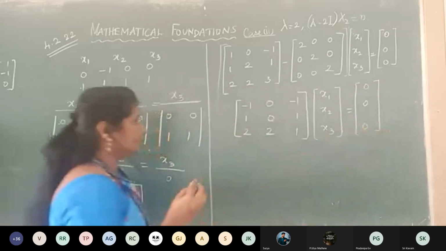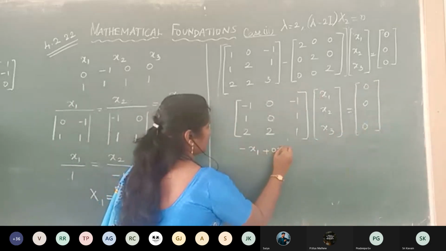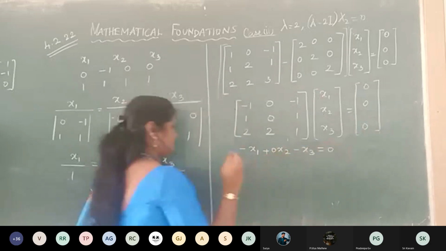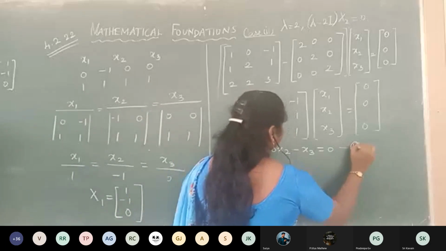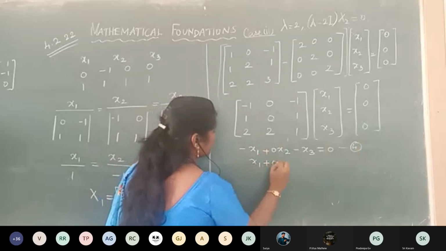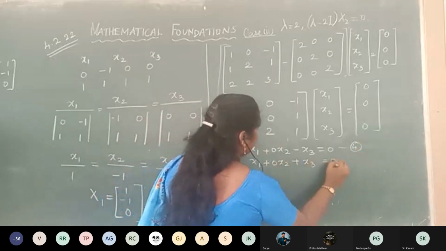Find the equations. So it will be minus x1 plus 0x2 minus x3 equal to 0. This is the first equation. And then x1 plus 0x2 plus x3 is equal to 0.